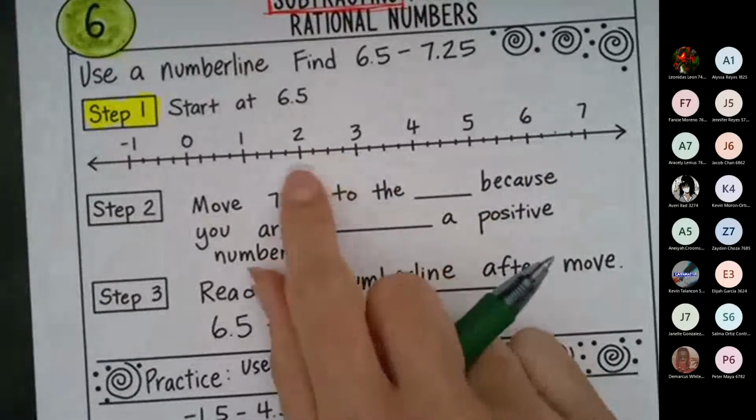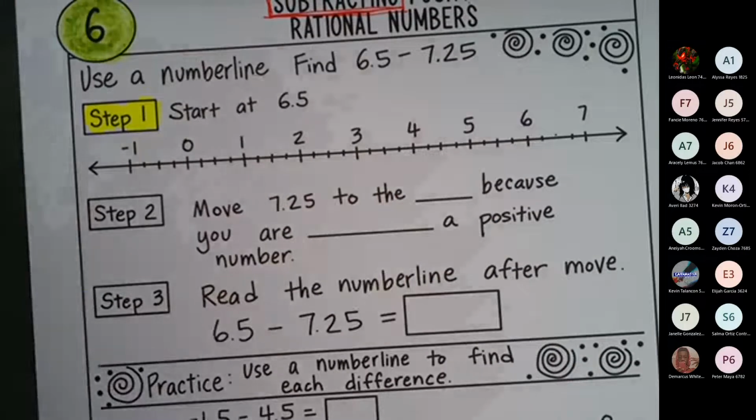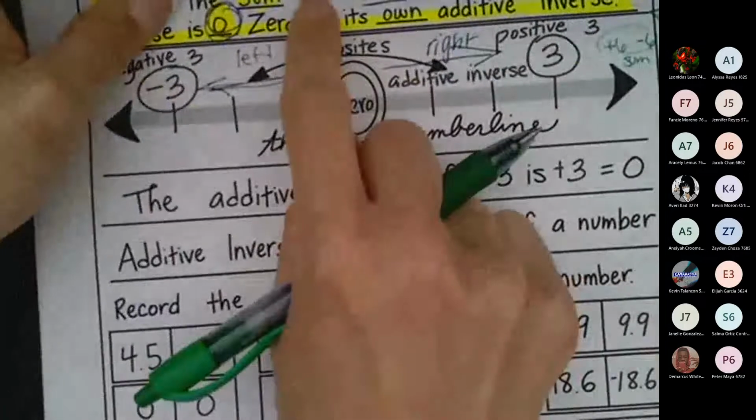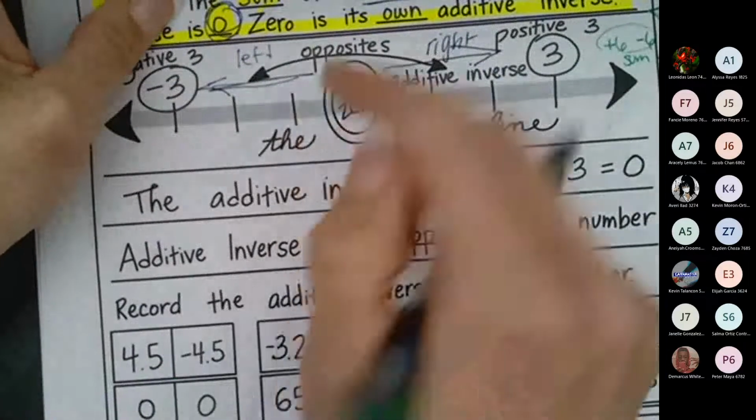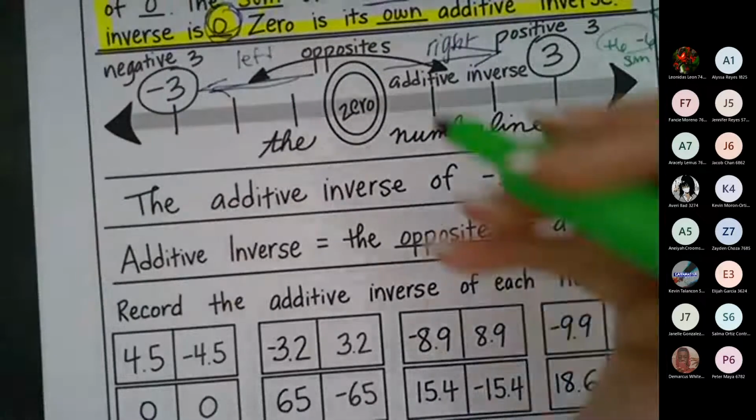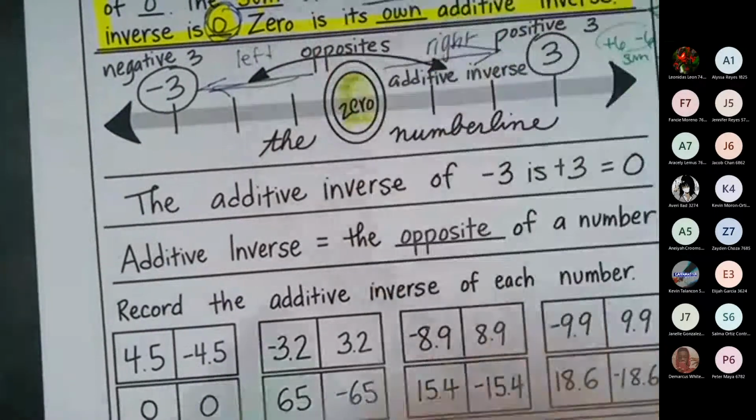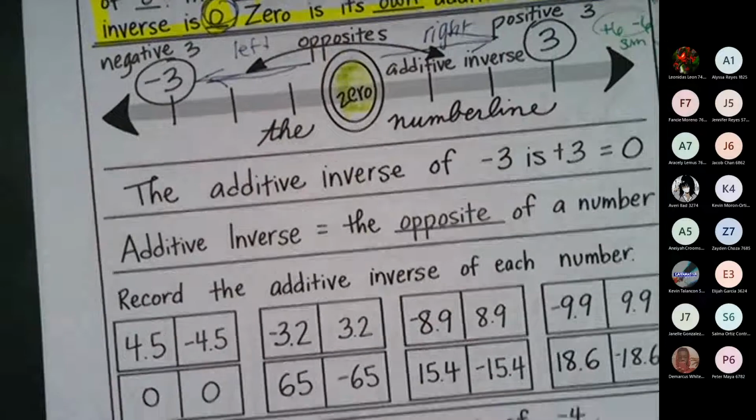We are going to practice again with our number line. With our additive inverse, we know that our origin point was 0, right? And I showed you the number line.